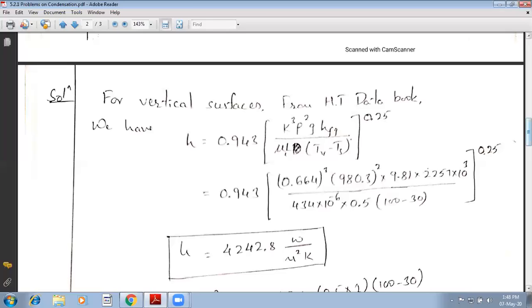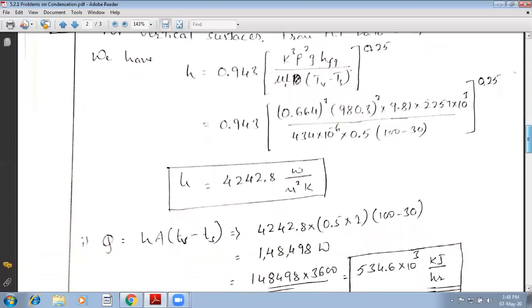So keep this in mind. You need to take the fourth root of this entire value. Then multiply that with 0.943. You will have an H value as 4242.8 watt per meter square Kelvin.